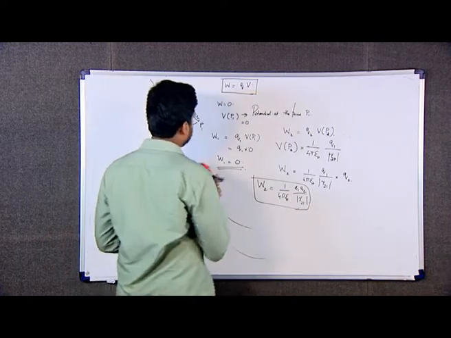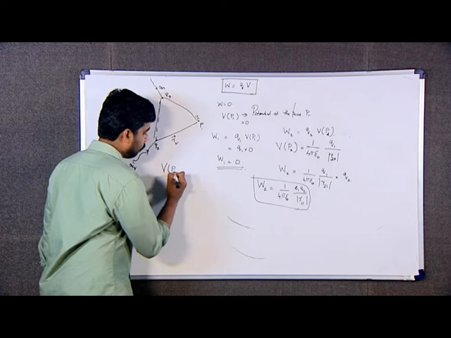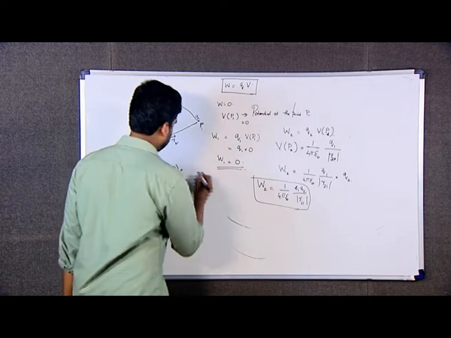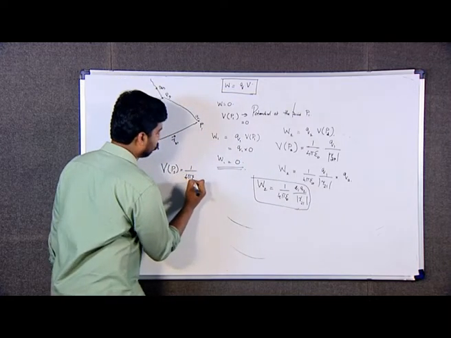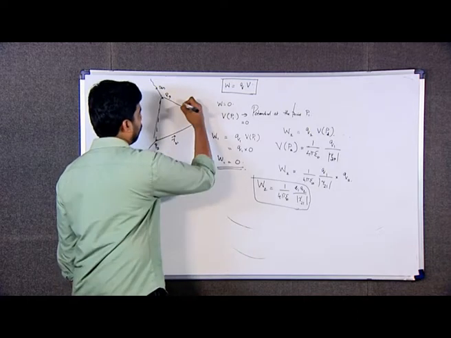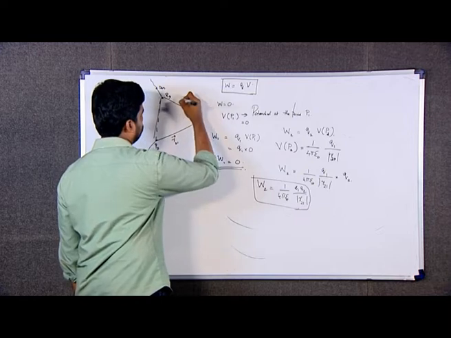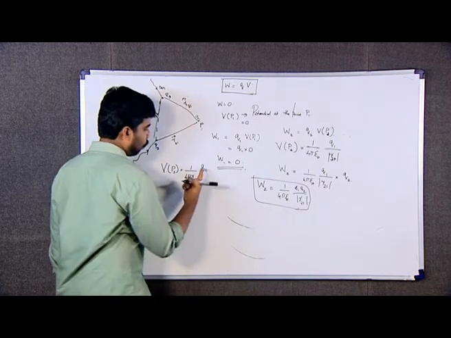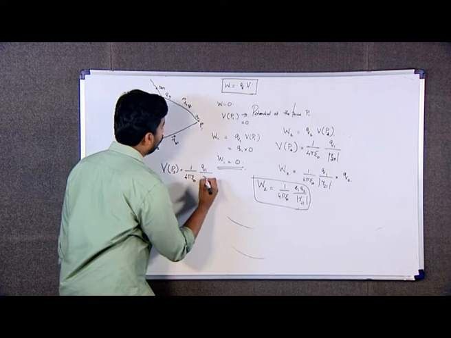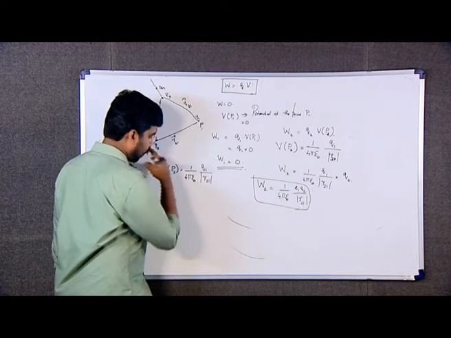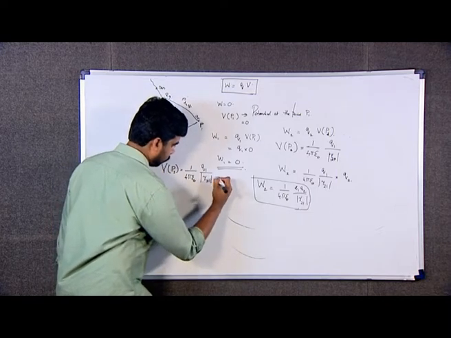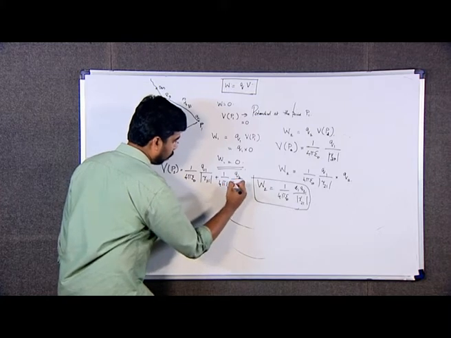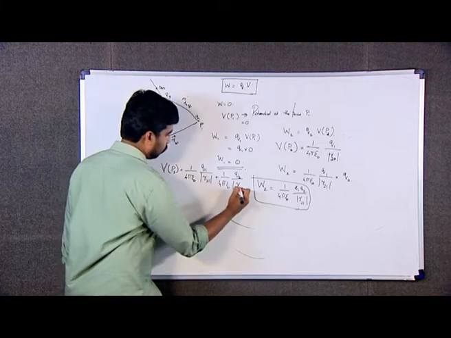So, V at P3 can be written as Vp3 is equal to 1 by 4 pi epsilon 0 Q1 by modulus of R31, the vector R31, plus 1 by 4 pi epsilon 0 Q2 by modulus of R32, the vector R32.